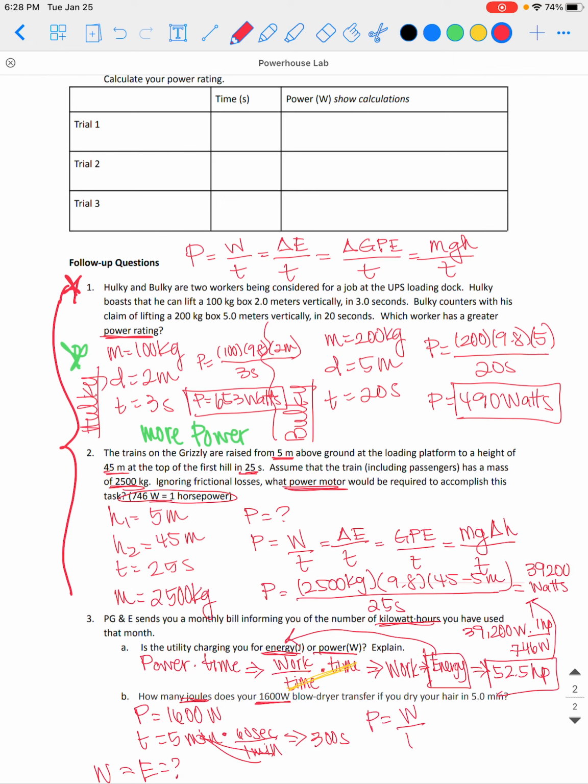So if I plug in 1600 is equal to work divided by 300 seconds, all I have to do is multiply these two together, and I end up with work being equal to 480,000 joules. And that's it.